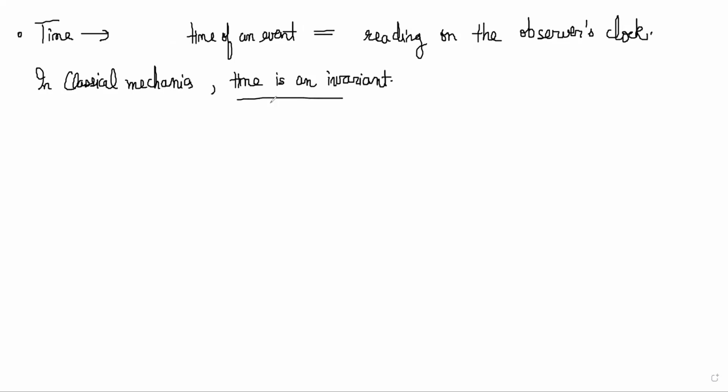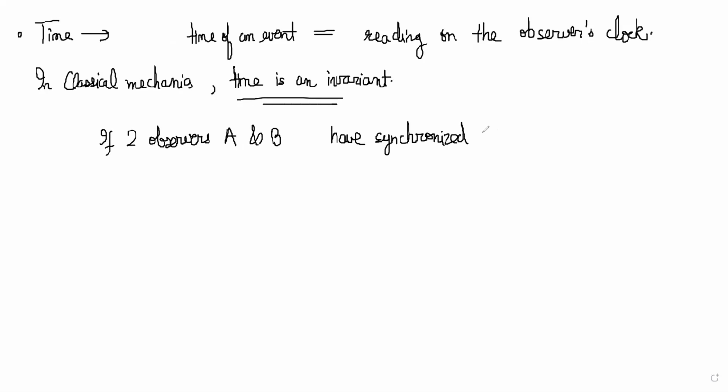Invariant in the sense that if you have two observers A and B, and they have synchronized their clocks, that both of them started their clock at say 10 p.m., and their clocks are showing the same reading, then after that, let's say A does all sorts of things.